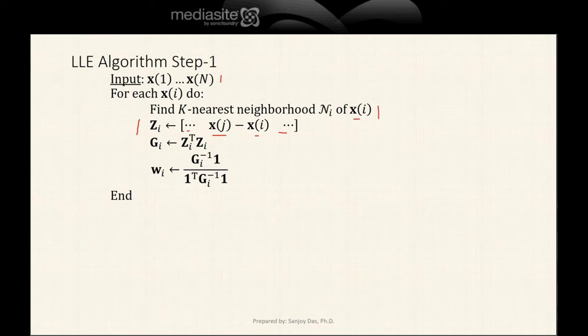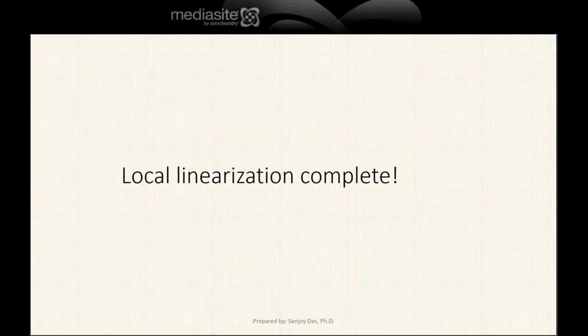That gives me my Zi. And then I obtain the local gram matrix around point xi, which is Zi transpose Zi, and then this expression here gives me the weight wi. This is the first step of LLE. So local linearization is complete at this point. We'll move on to the next step, that is low dimensional embedding.